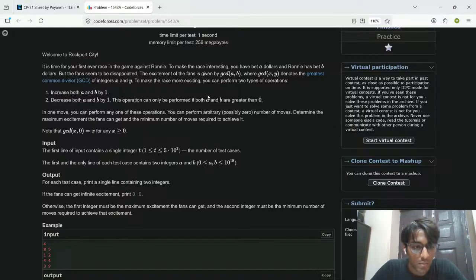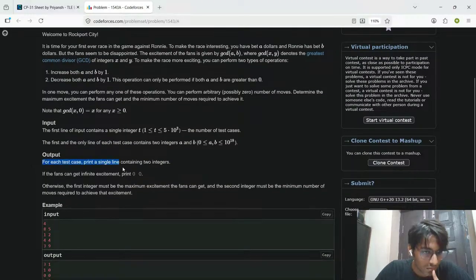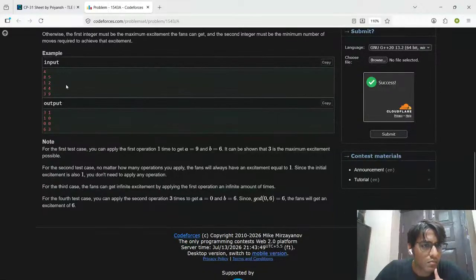The first line of input contains a single integer t. Then apply the operation 1 times, 9, 6. It can be shown that 3 is the maximum excitement possible.